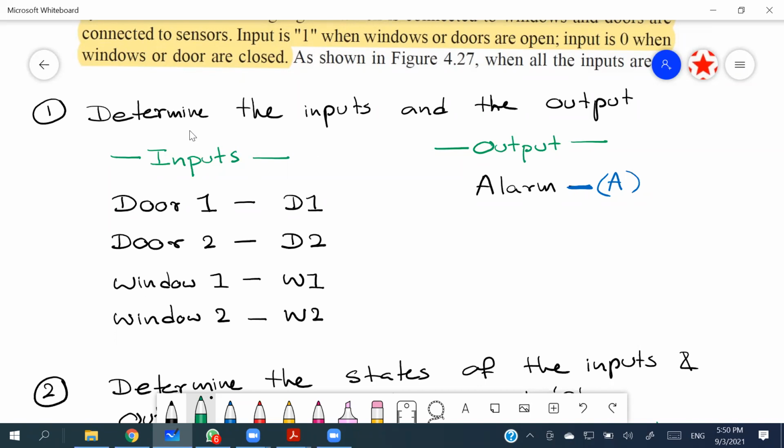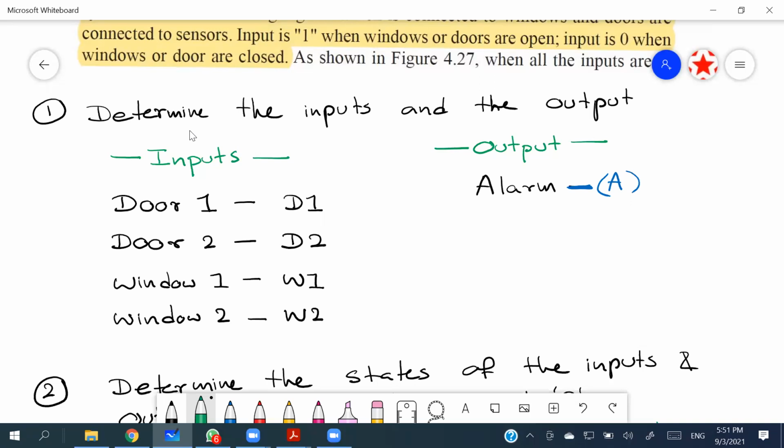Then you see who is going to control your output. In this case, there is an alarm which is going to trigger. So who is helping to trigger that, right? Likewise, we will be able to figure out what the inputs of this particular circuit are, right?